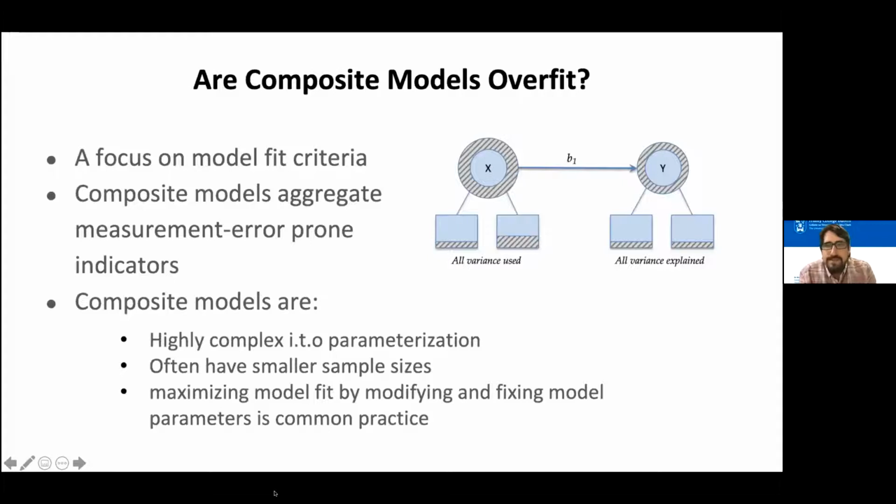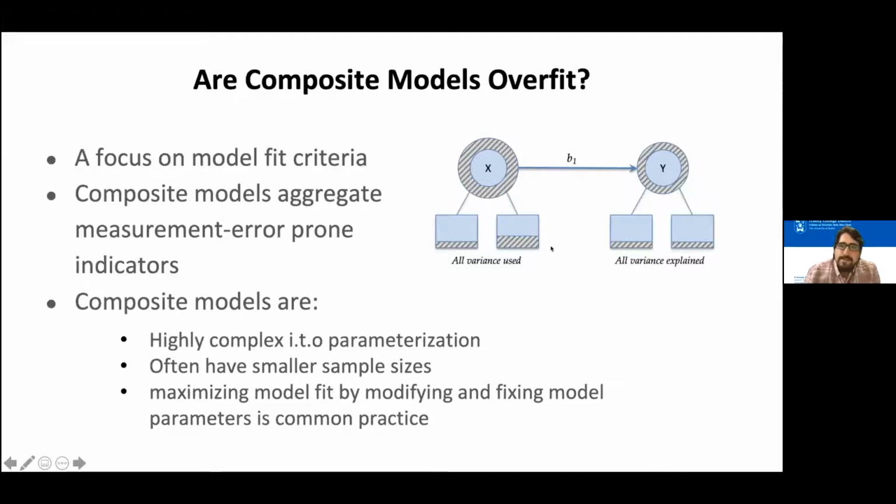First of all, as I previously mentioned, a focus on model fit criteria, as that previous slide showed, might encourage researchers towards overfit. A slightly more serious issue is that in composite modeling, the composites themselves are aggregates. As Benjamin explained, they're weighted sums, which aggregate the indicator data.